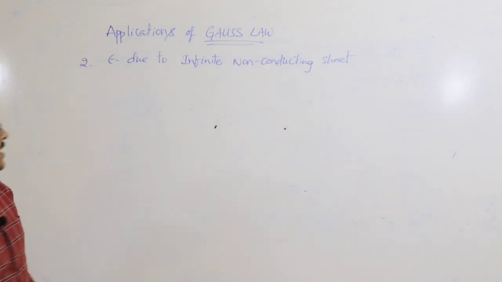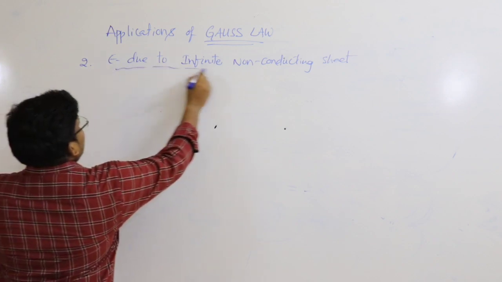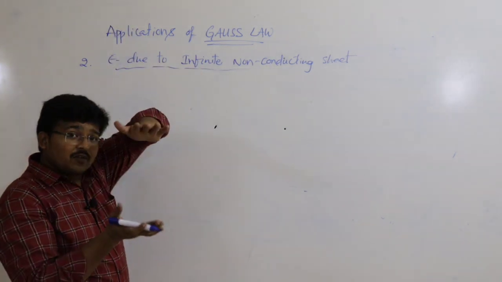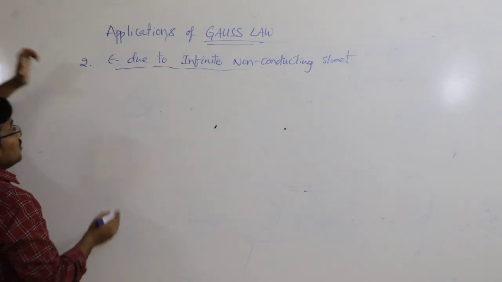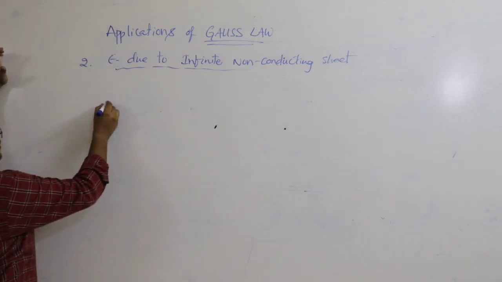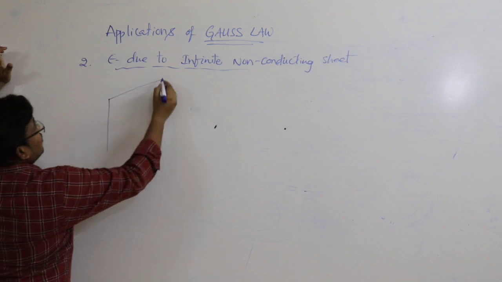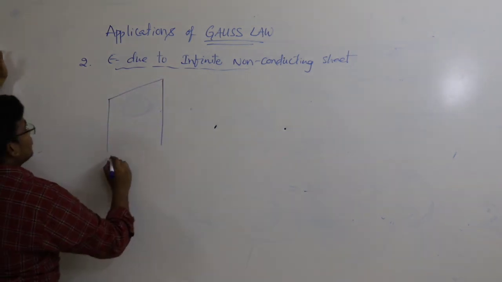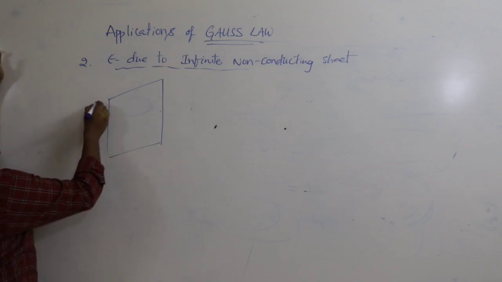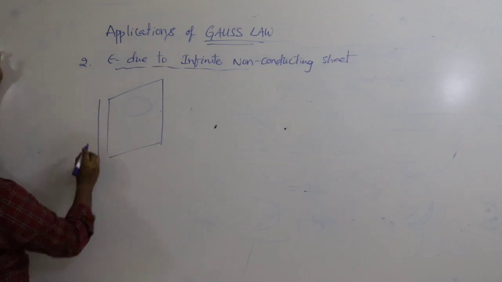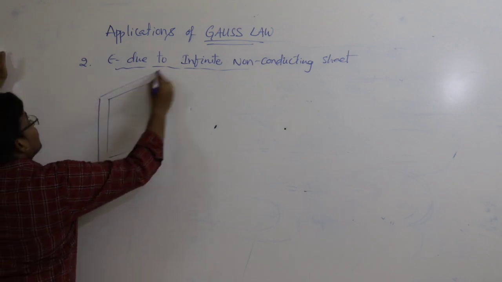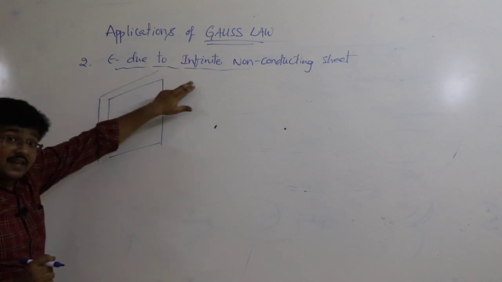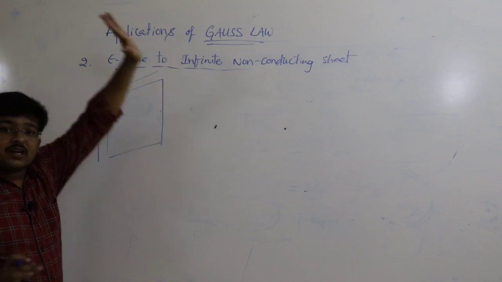Now to understand, I am taking an infinite sheet, but I am drawing a very small one. I am taking a charge sheet like this. To understand, I am taking such a big one, but the thickness is very, very small. It is a thin, infinite non-conducting sheet.